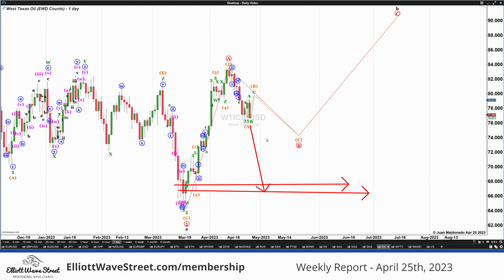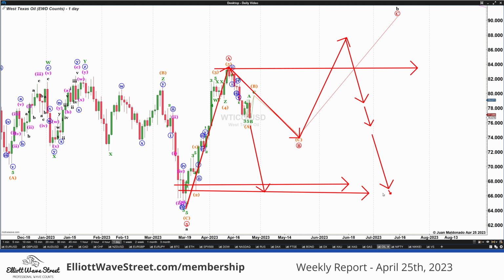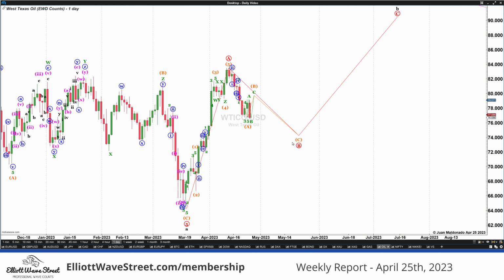So the question that I have is if oil is going to be able to build an ABC and then reject and start the sell-off from there, or if oil is going to build something different, like this being the corrective, and from here the sell-off. So that's why it's important to start following the short from this area.